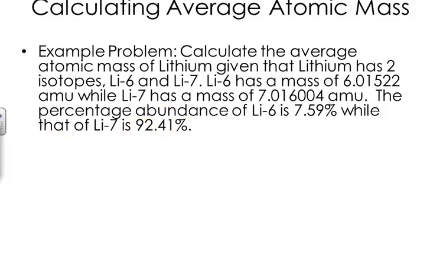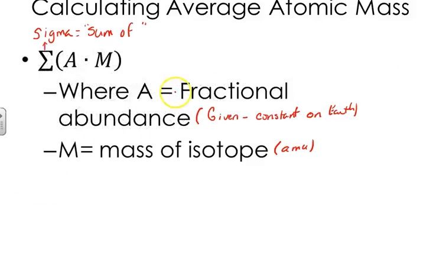First of all, let's go back a slide to this fractional abundance concept. Let's suppose we had 95% abundance. The fractional abundance is equal to the percentage divided by 100.